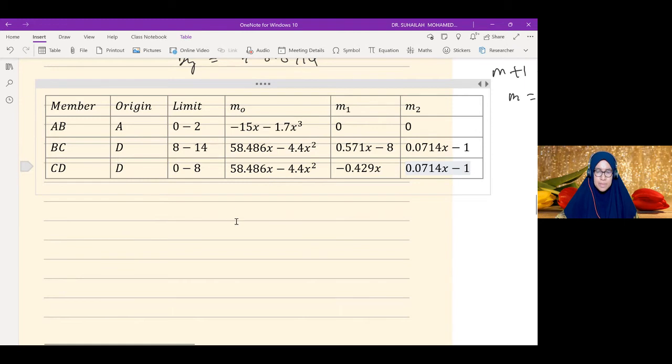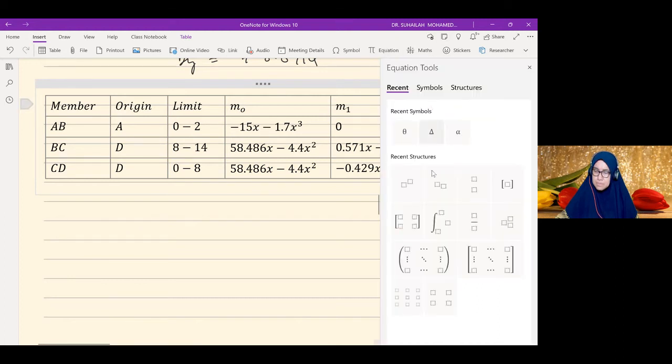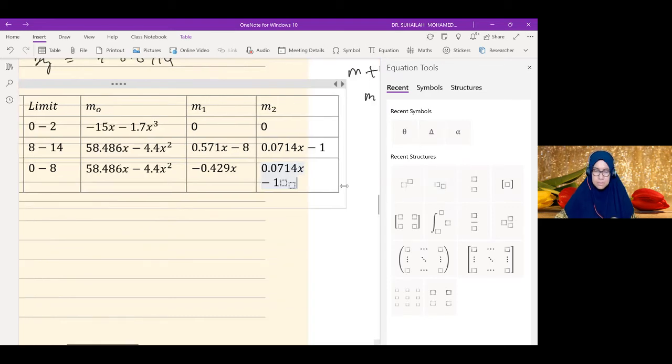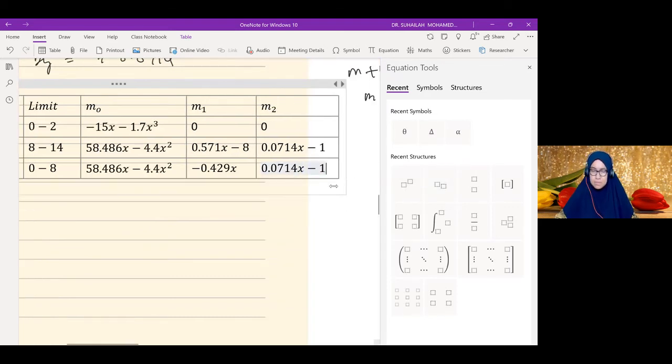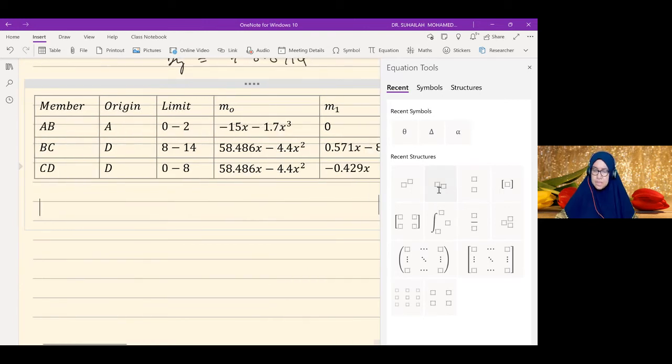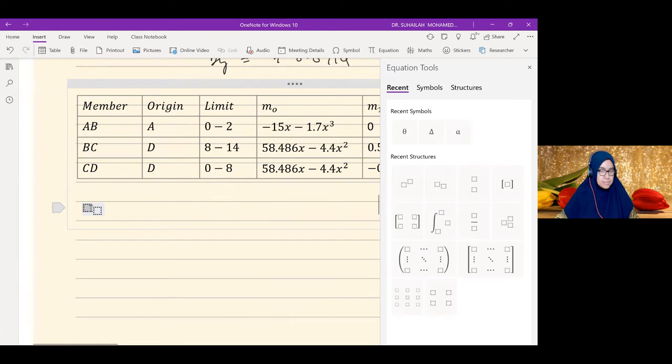To calculate displacement, it is delta 1 naught.